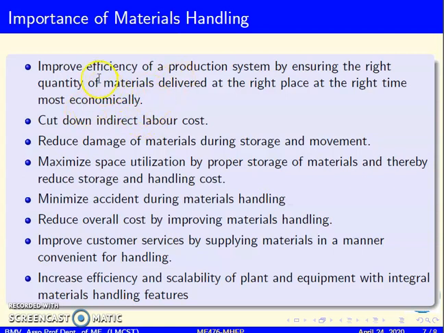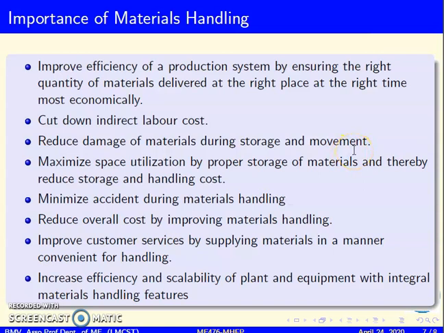Now we will see the first point: it improves the efficiency of a production system by ensuring the right quantity of material is delivered at the right place at the right time, most economically. We already discussed this, but it is given as points. It cuts down indirect labor cost and reduces damage of material during storage and movement.